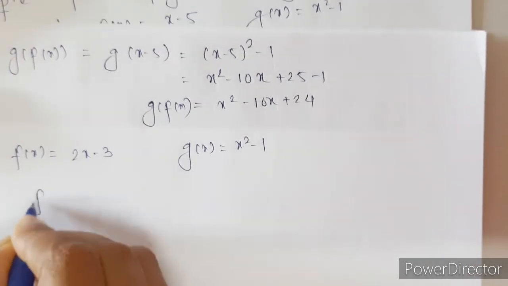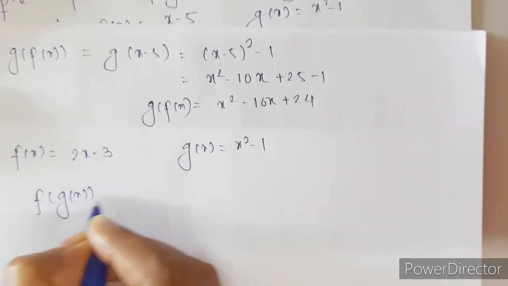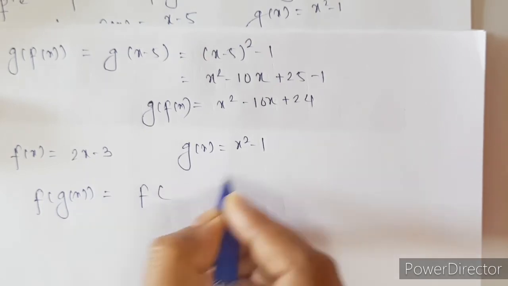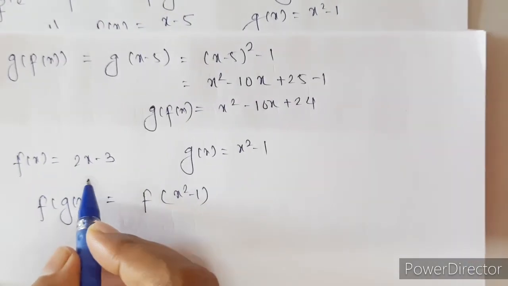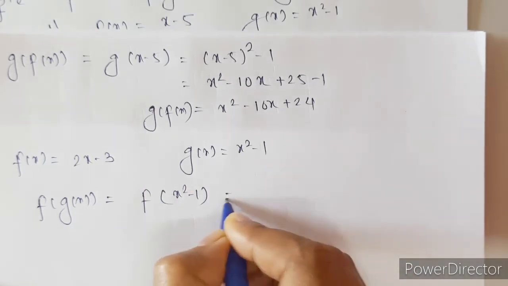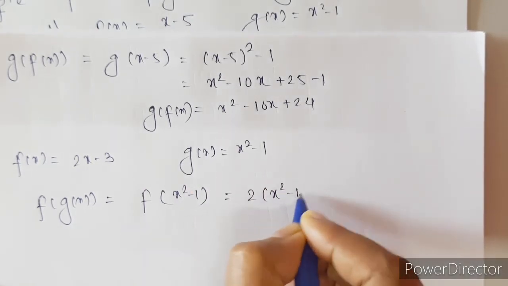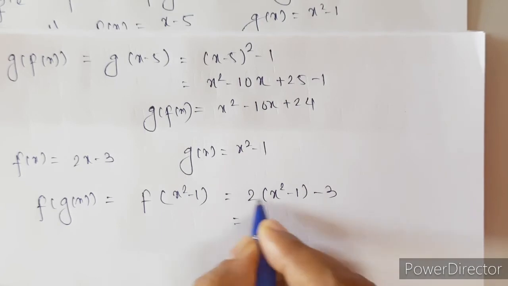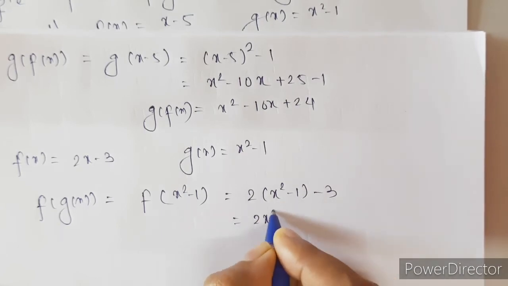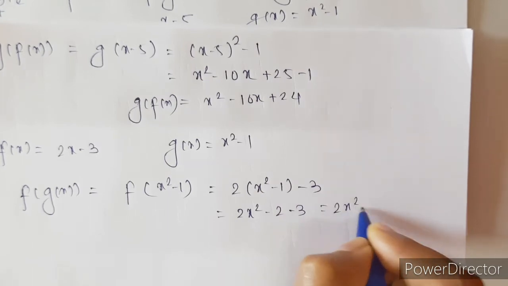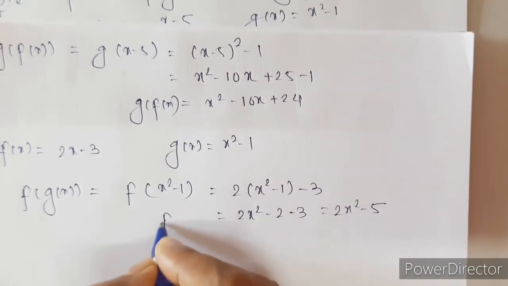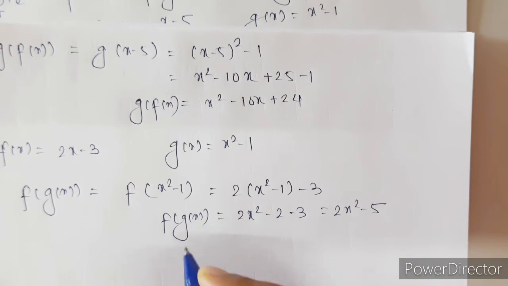Let me start with f of g of x. So f, keeping as it is, substitute g of x. Now wherever there is x in f, replace it by x square minus 1. So it is 2 times (x square minus 1) minus 3. So multiply this now, this will be 2x square minus 2 minus 3. So 2x square minus 5. This is your f of g of x.